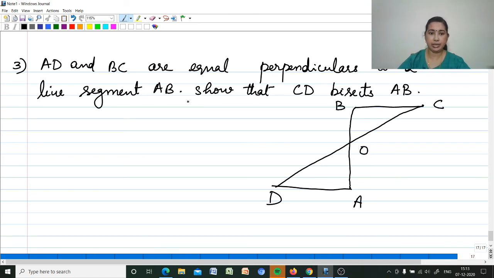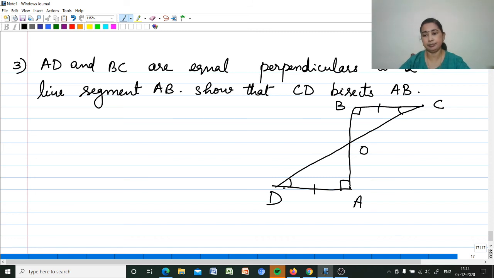Here, given that AD and BC are equal, these two lengths are the same, and they are also equal perpendiculars to a line segment AB. That means these two angles are 90 degrees. So these two angles are 90 degrees and these two line segments are the same.